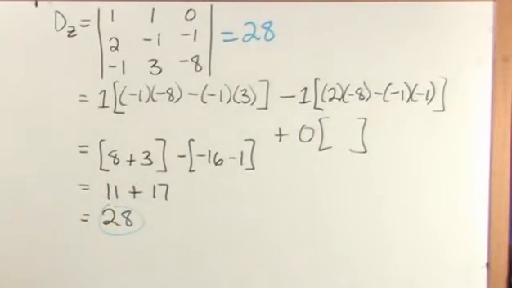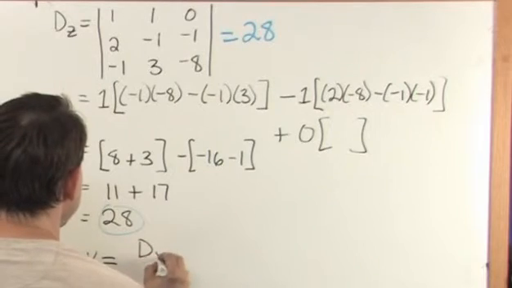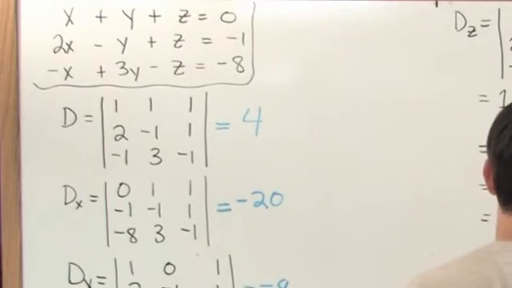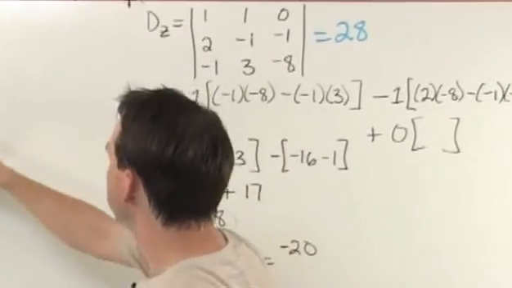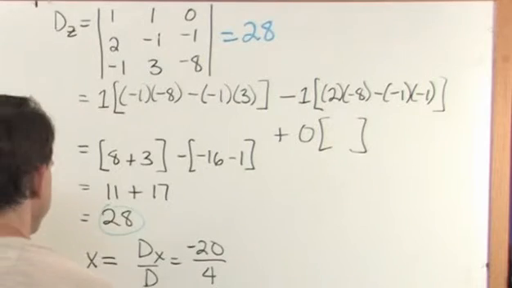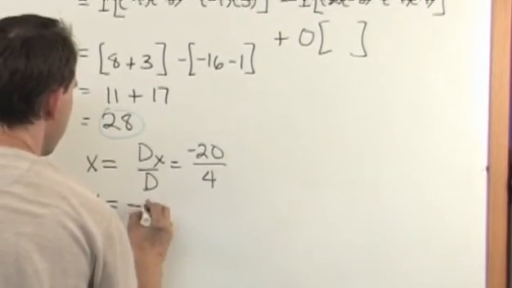Okay, now finally, after all of that, we can actually solve this problem. The variable x that we're looking for is going to be equal to d sub x over d. D sub x we calculated as negative 20. D was 4. Okay? So that means x is equal to, 20 divided by 4 is 5, so it's negative 5.